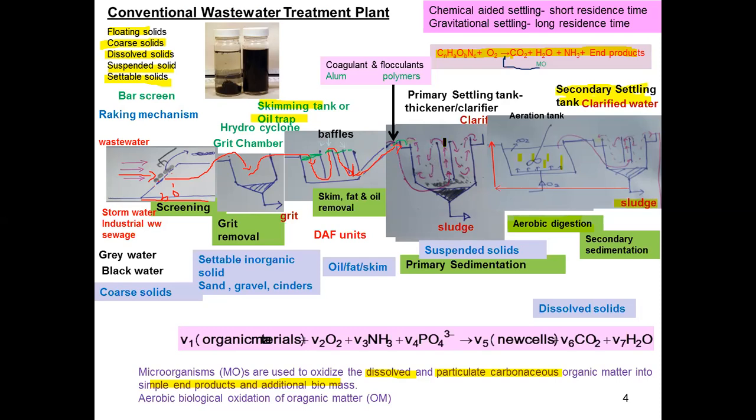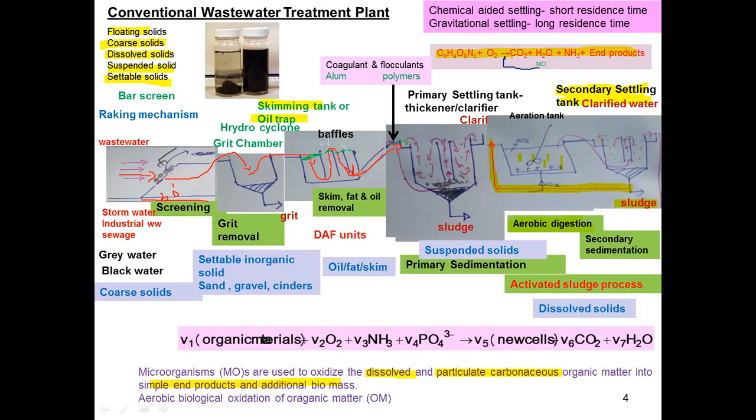In continuous operation, new wastewater flow is coming, and for the aerobic digestion there is a requirement of microorganisms. Because of that, we have to recycle part of the sludge, because this sludge consists of microorganisms.